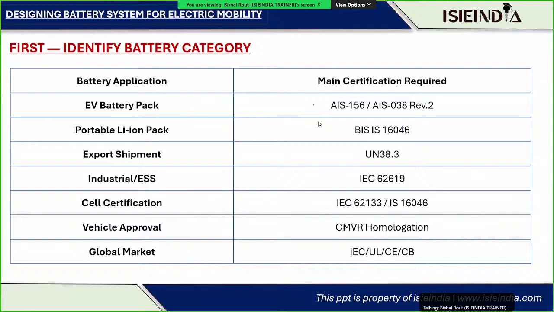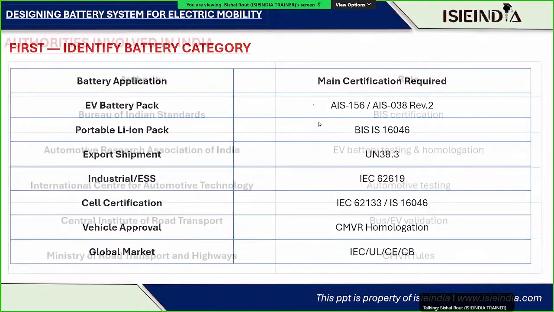If you're utilizing it for industrial and ESS, you have IEC, International Electrotechnical Commission, 62619. Cell certification has IEC 62133, IS 16026. Then if you want to use those cells in a vehicle for approval, you have to go for Central Motor Vehicle Regulation homologation, and the global market has its own certifications as well.